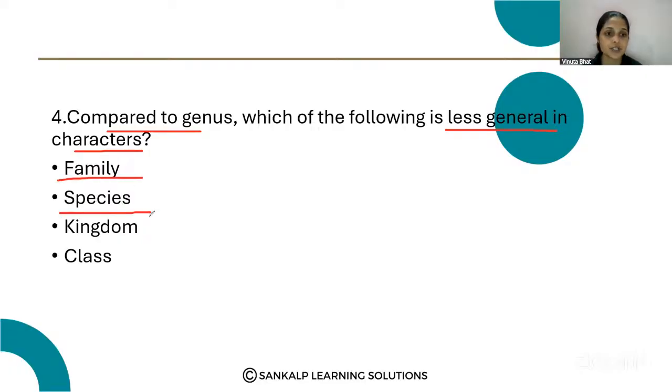Option B, species. Option C, kingdom. Option D, class. Less general in characters. What is the answer for this question? Just comment your answer in the chat box.